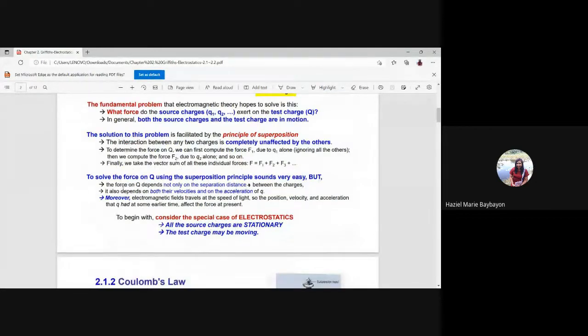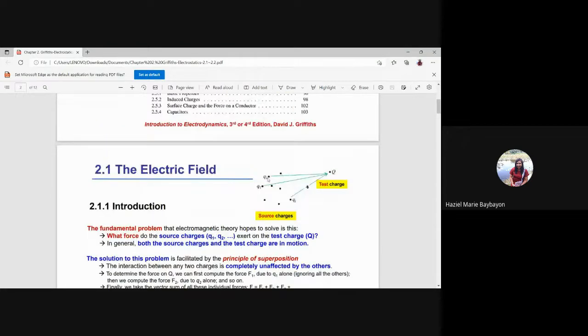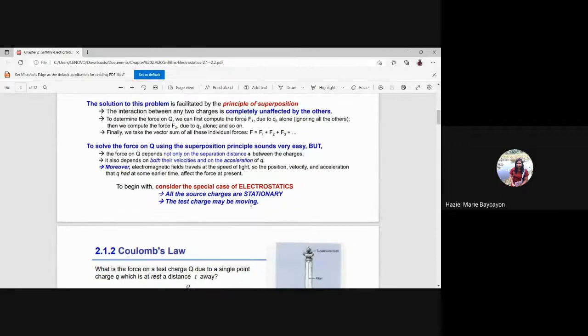Now the force on Q depends not only on the separation distance r between the charges. Take note that r here is equal to r minus r prime, so it is the distance between the source charge and the test charge.